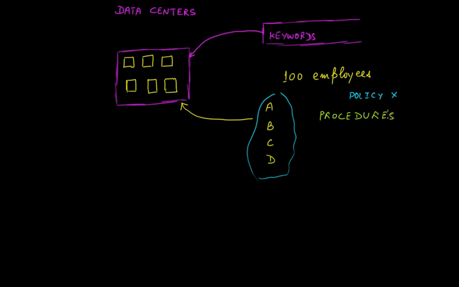Procedures could be like, when person A enters this section, the first thing, person A will have to show his or her access card in front of a swiping machine. So that person will swipe that card, and person A crosses the first barrier of protection to enter this room.